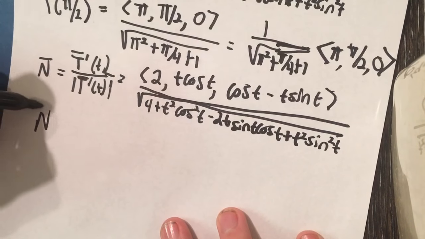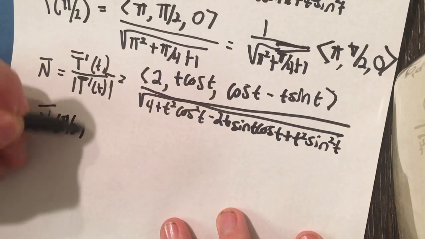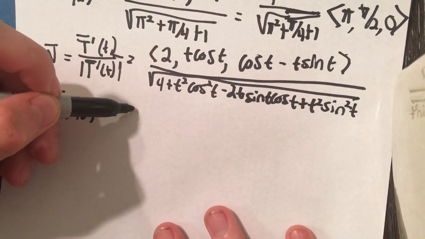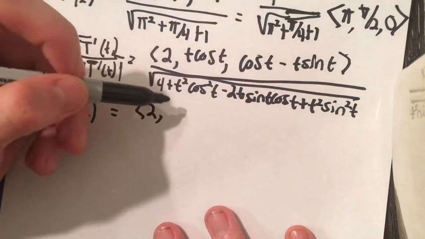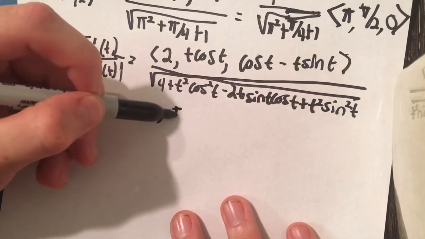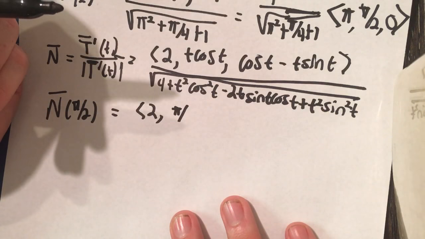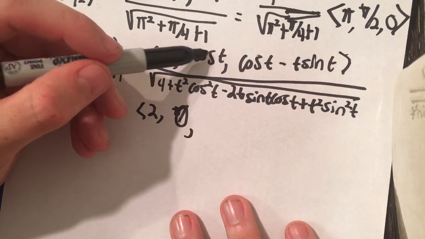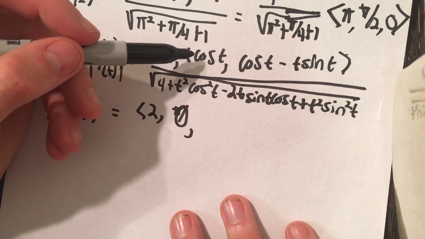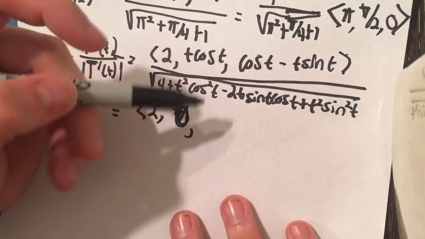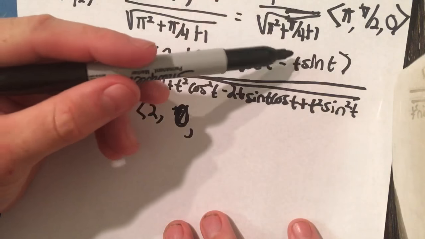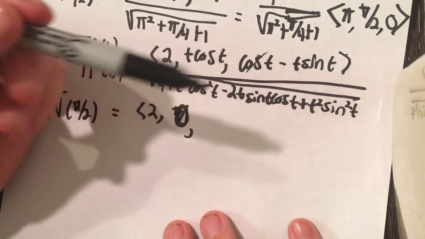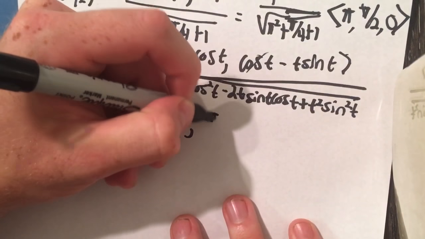Now we need to find this unit normal at pi over 2. When we plug in pi over 2 for t, we would get, for the numerator, just simply 2, 0, because cosine of pi over 2 is equal to 0. So 0 for the second component. And for the third component, that cancels out, and it would be negative pi over 2 times 1. So negative pi over 2.